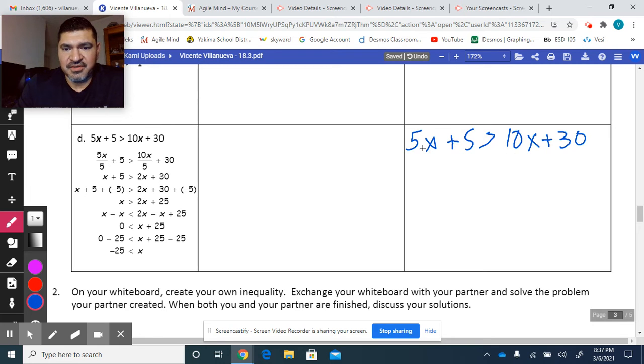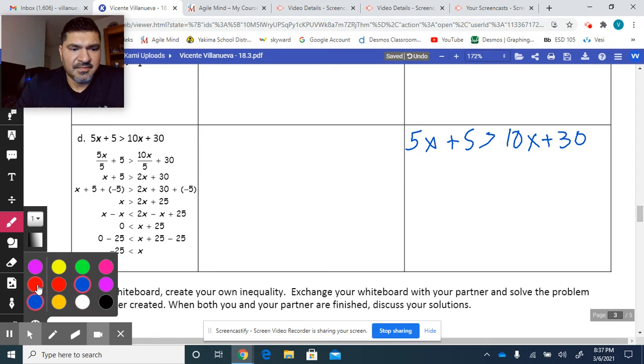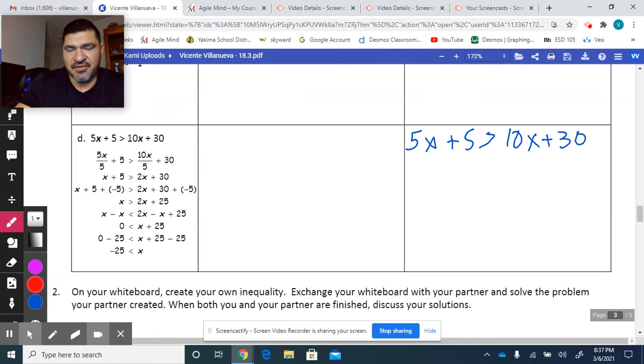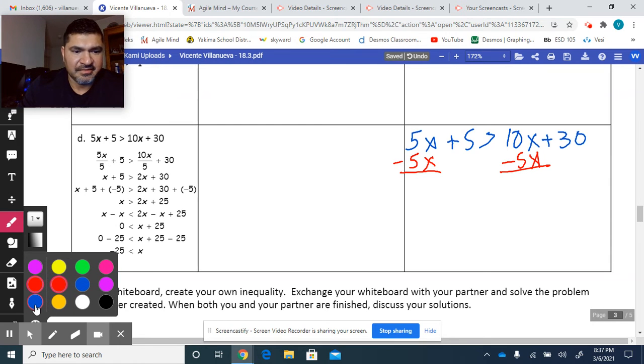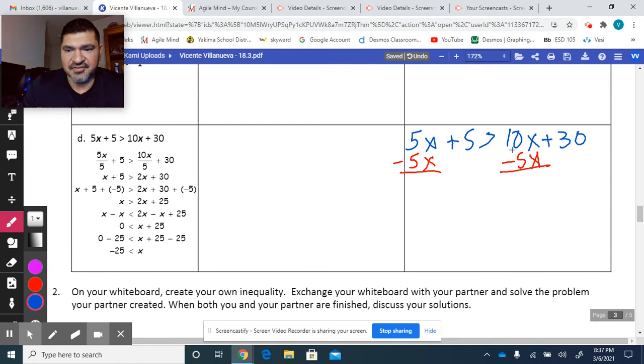So the 5x is smaller. To get rid of this 5x on this side, I need to subtract 5x. And I'm going to put the subtract 5x under the 10x, just to line that up, makes it look a little nicer. And that's so I can combine like terms. I wouldn't write it underneath the 30 because the 30 doesn't have an x.